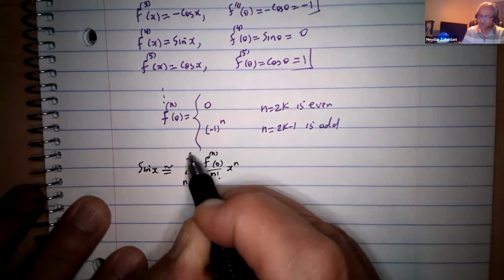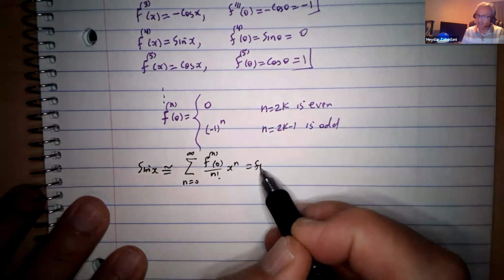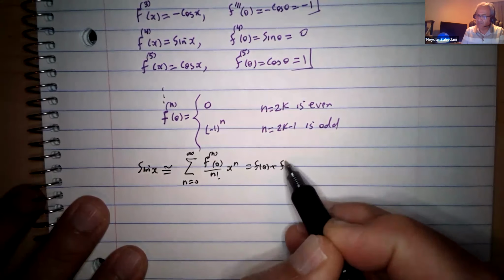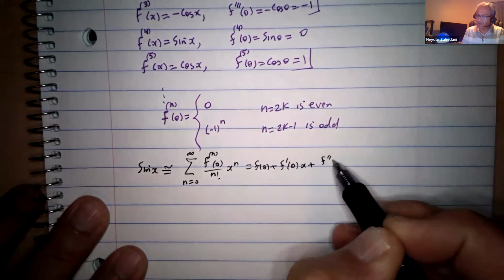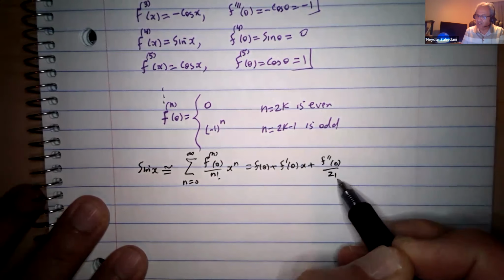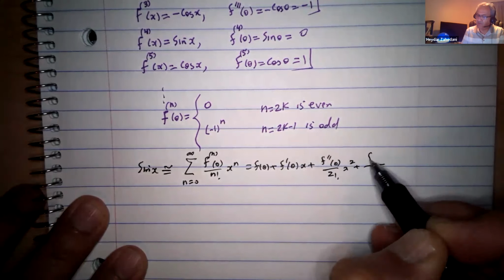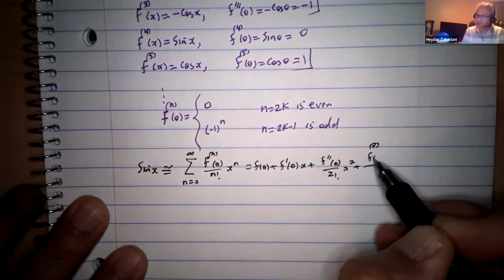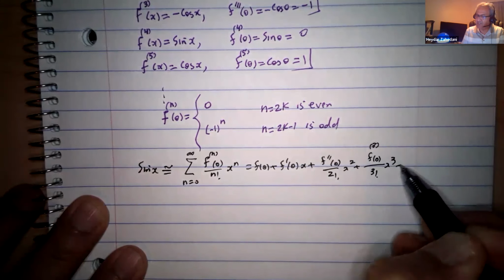So your first term is f of 0. The second one is f prime of 0 times x, then f double prime of 0 over 2 factorial times x squared. I'll write one more: the third derivative at 0 over 3 factorial times x cubed, etc.